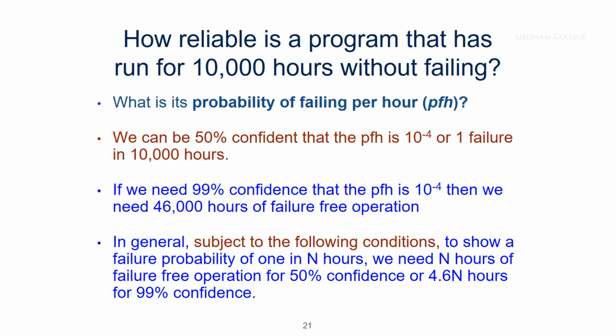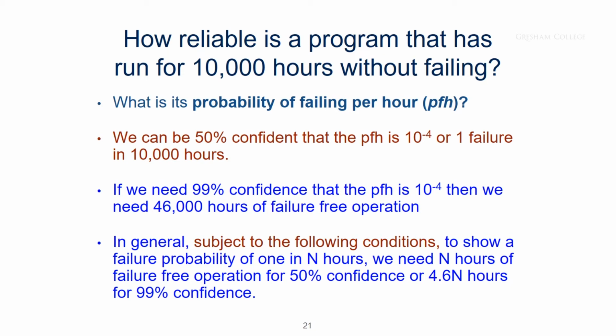Just 50%. So you can make a claim, but that's the limit under some strong assumptions. If you need 99% confidence, significantly more than just 50% that it's not going to fail in the next 10,000 hours, in the next year, then that requirement goes up to 46,000 hours.